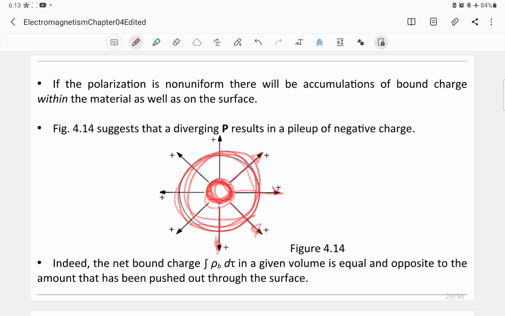So the net bound charge in a given volume is equal and opposite to the amount that has been pushed out through the surface.